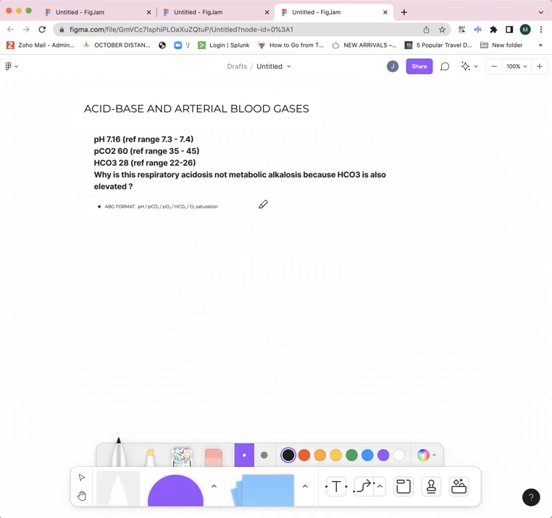You'll find that we only utilize just three of them: the pH, PCO2, and bicarbonate are going to be our main focus when trying to figure out acid-base arterial blood gases. And then the next thing you need to do is memorize the reference ranges.